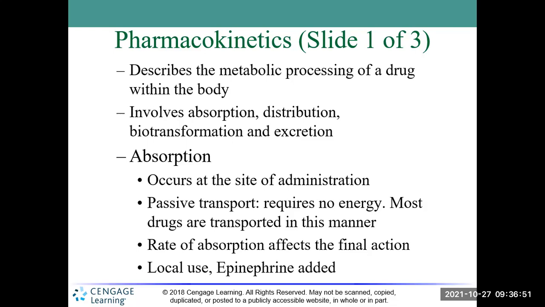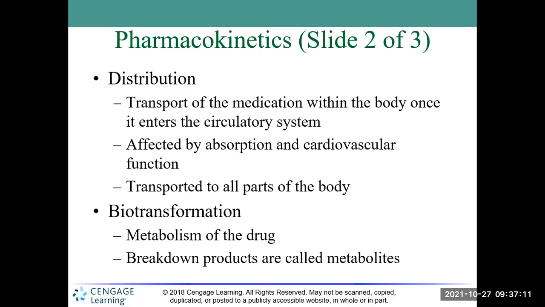And you'll see this a lot with stitches. Anytime stitches are going to be done, they may do epinephrine. This is in an awake patient, but you may also see it used in local anesthetics. So just know that epinephrine is something that is added to prolong that absorption rate.